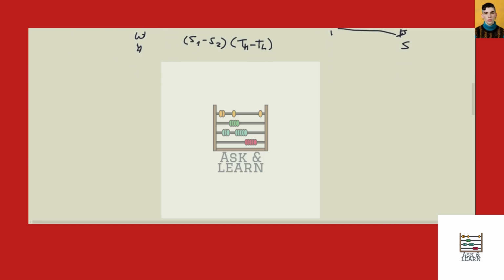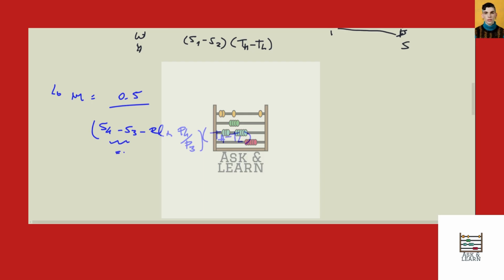Okay, so who is S1 minus S2? The mass equals 0.5. We do not have S1 and S2, but we know who is S4 minus S3 minus R natural log of P4 over P3. Okay, that multiplies TH minus TL.